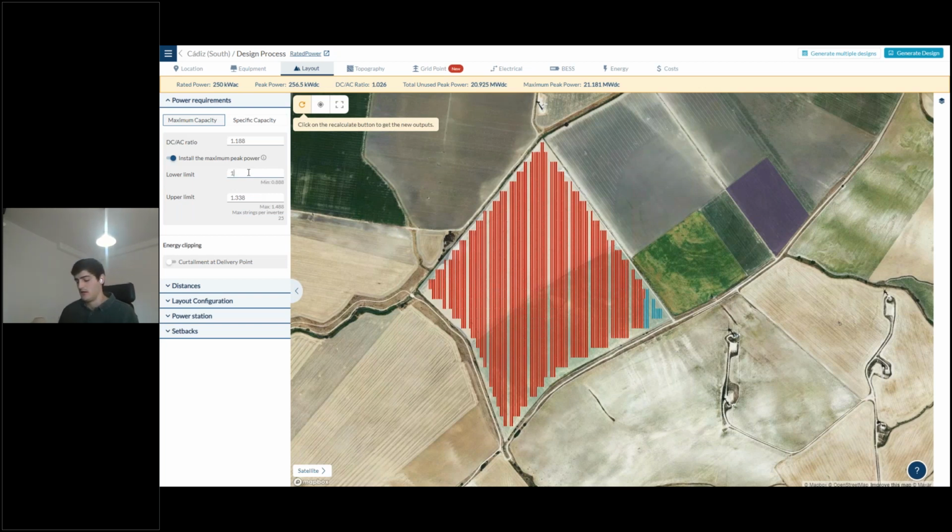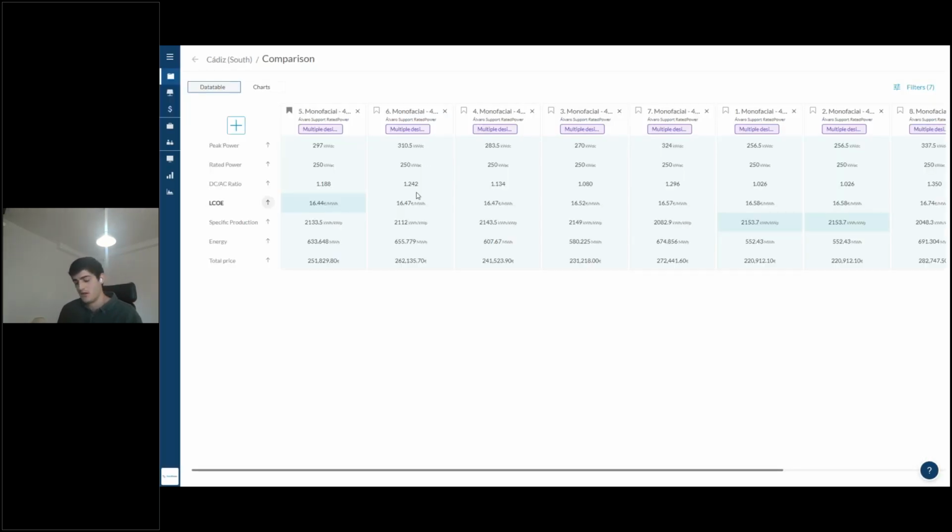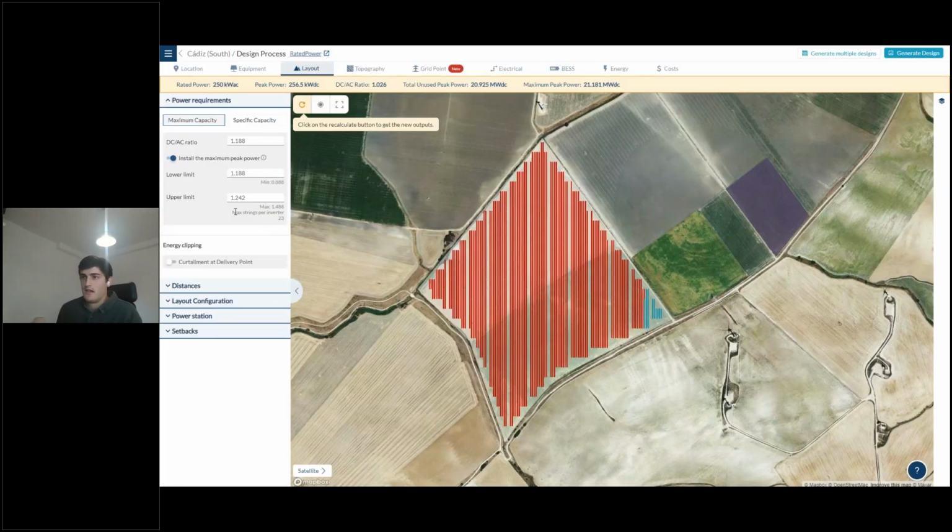I will define as the lower ratio the best one I obtained, and then as the upper the second best solution for this specific project. And I also checked here that the maximum number of strings per inverter was below the maximum accepted by the manufacturer for this specific inverter, which was 24.